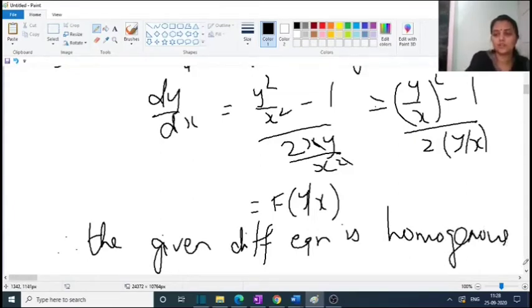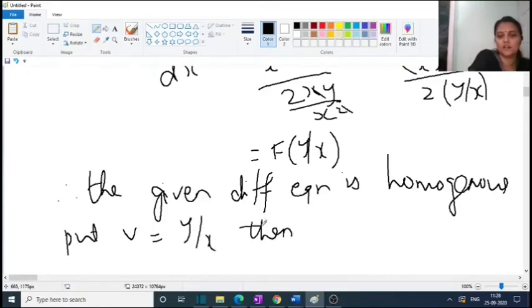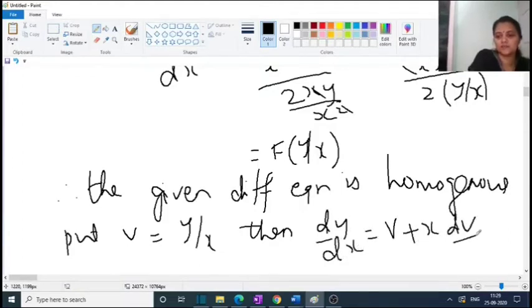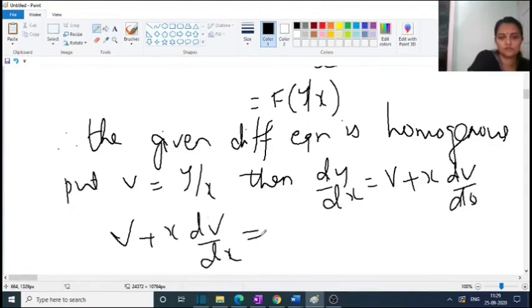Now we have to substitute. Put v equal to y by x, then dy by dx is equal to v plus x dv by dx. That is, v plus x dv by dx is equal to v square minus 1 by 2v.